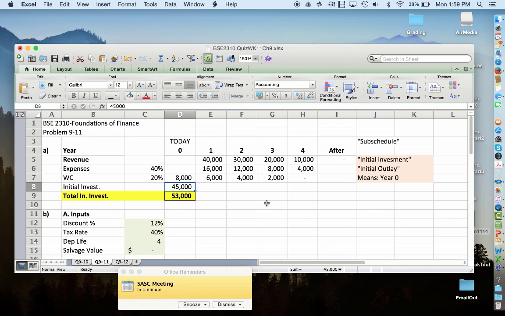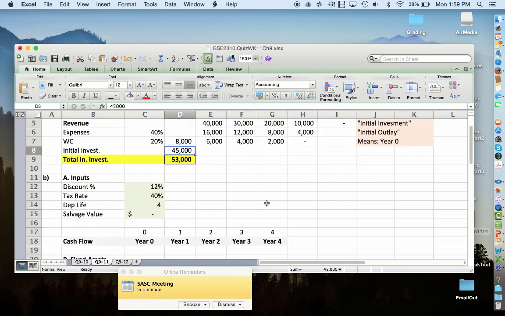Okay, so part B, we want to know the project cash flows in each year. And it gives us some information about the depreciation. So what I can do now is I can lay out that bigger analysis just like what we looked at.